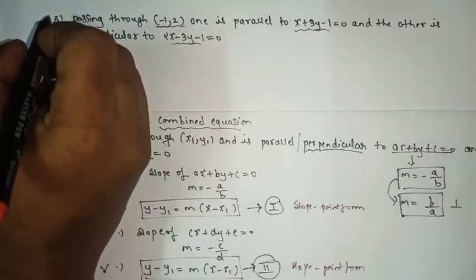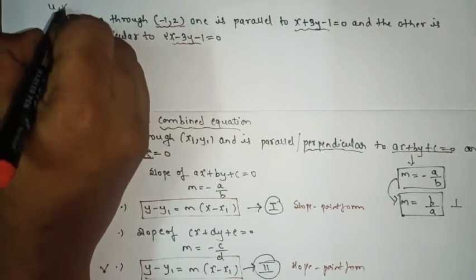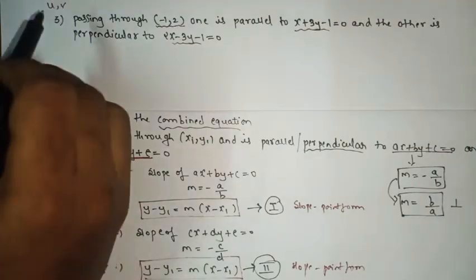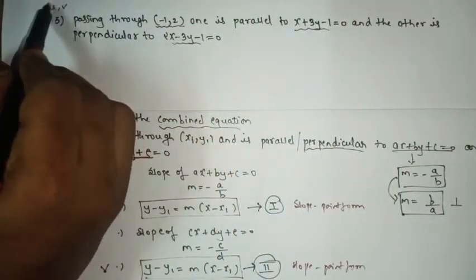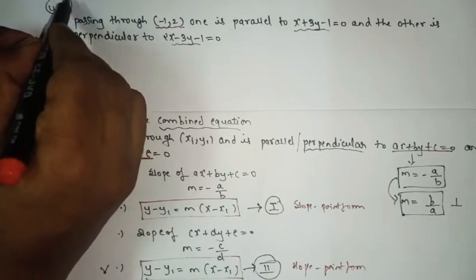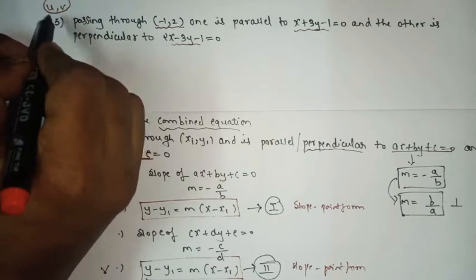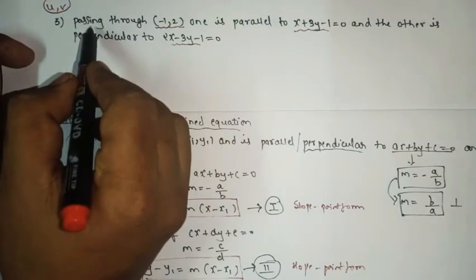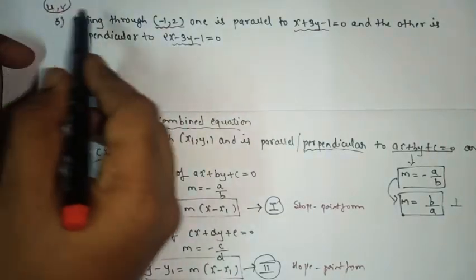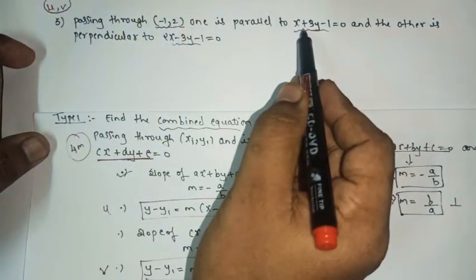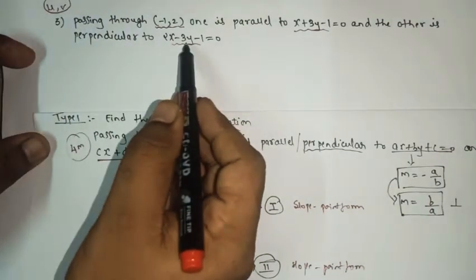For a combined equation we require two linear equations. So what does the statement mean? We have two linear equations which we have to combine. Consider that we have two linear equations in the form of u and v, passing through this point, where one line is parallel to this equation and the second line is perpendicular to this.